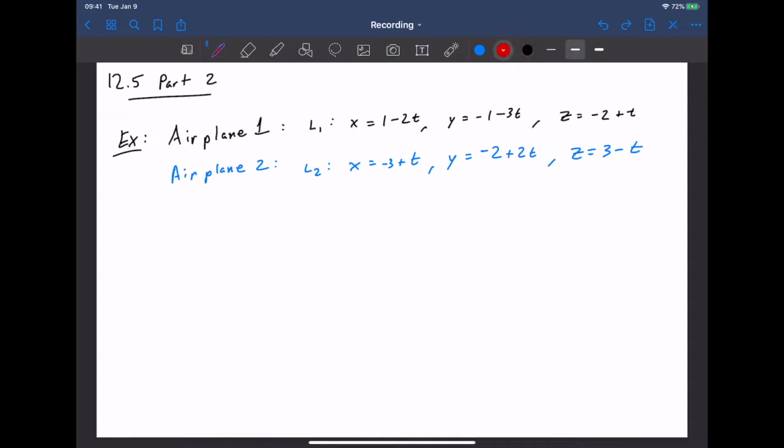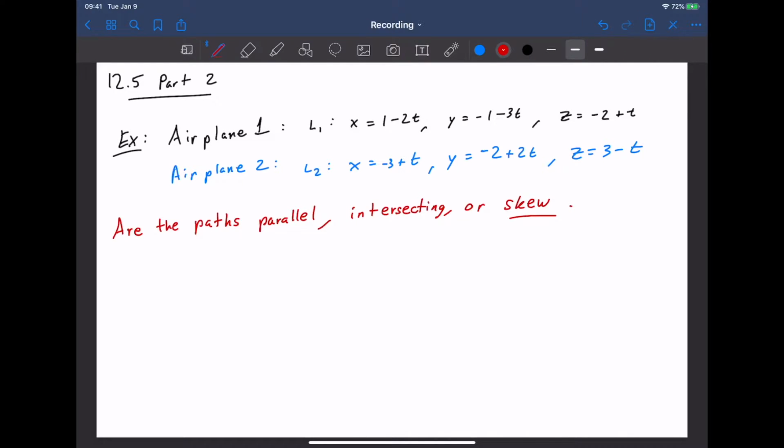And what they'll ask you is, are the paths parallel, intersecting, or skew?